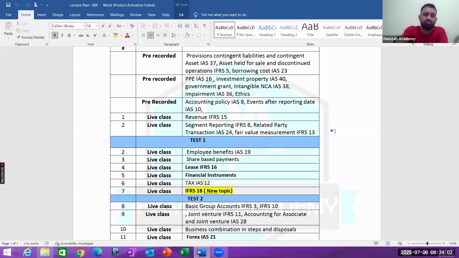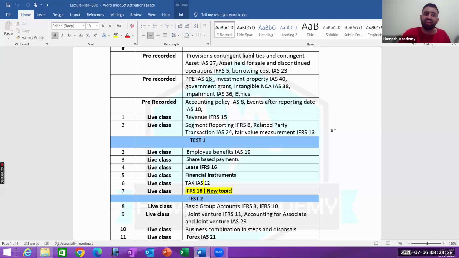Then we have IAS 24, related party transactions. It is a disclosure-based accounting standard, which applies when a company does a transaction with a related party. Now, who is a related party?